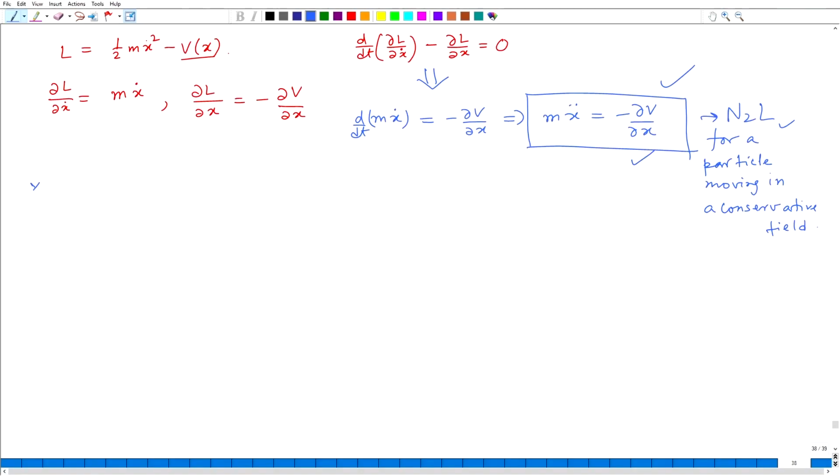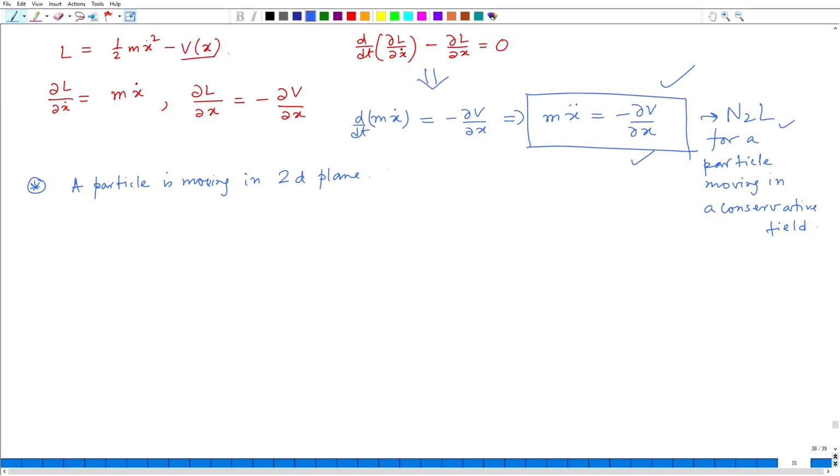So, let us say a particle is moving along some trajectory in a 2D plane. Okay.